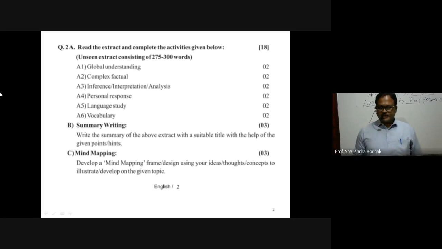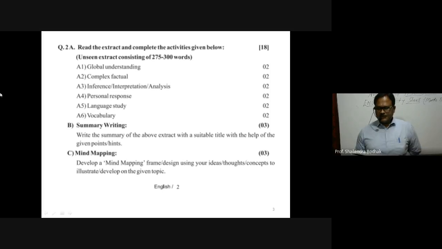Now, global understanding questions will be based on understanding of the extract, then message, theme, gist. Such type of activities will come. Then activity two, that is complex factual. You know that facts are scattered in the extract. You have to find them and then write those complex factual type activities.